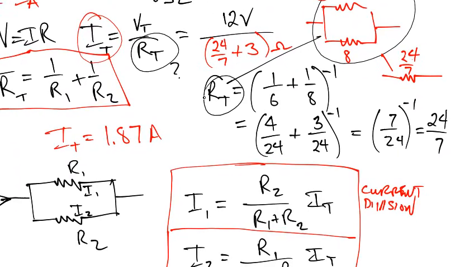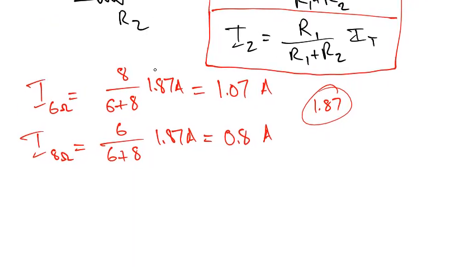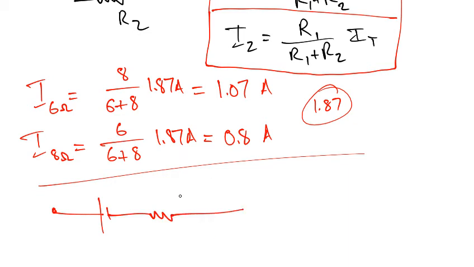So the way we would do that is we would say, okay, well, for this section here, let me just redraw it again. Let's switch colors here. This is a 12-volt, and this is a 3-ohm. So this is a gain of 12, going in this direction. But this is a drop. Now, how much is this drop? Well, using this equation, how much current goes through this 3-ohm? Well, guess what?